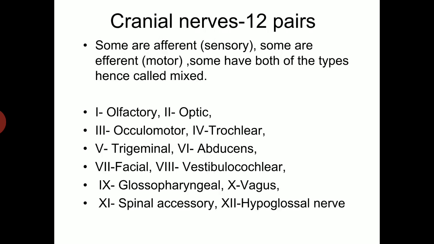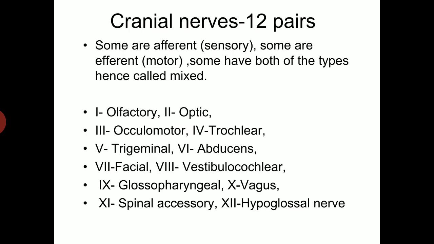Now cranial nerves, total 12 pairs. Some are afferent sensory, some are efferent motor, and some have both types, motor and sensory. So they are known as mixed cranial nerves. So total 12 pairs of cranial nerves are there.